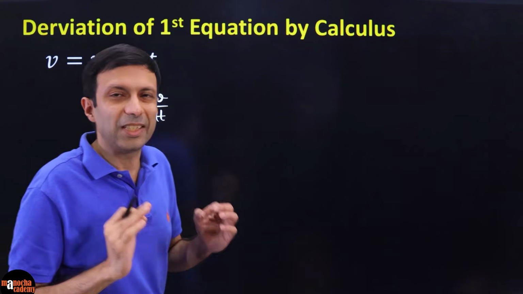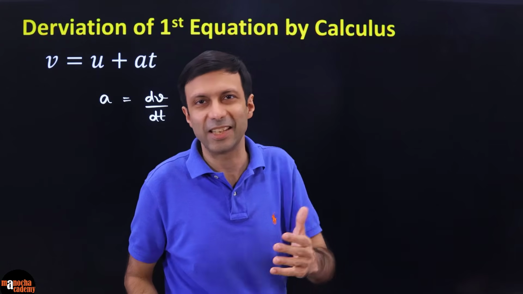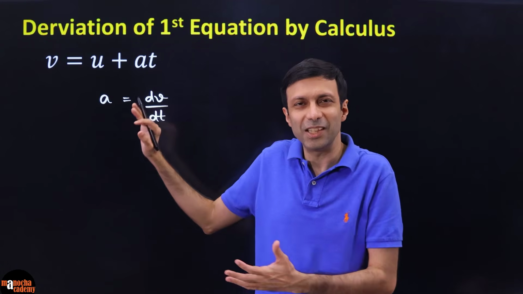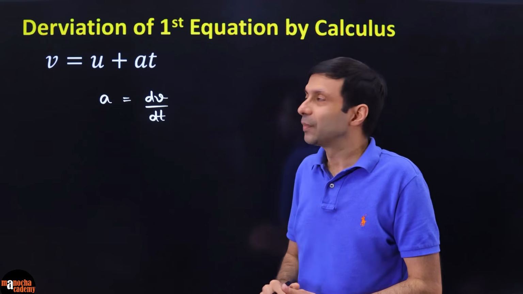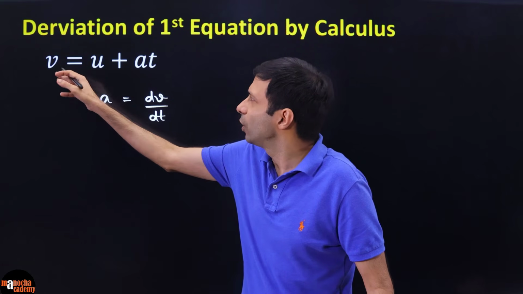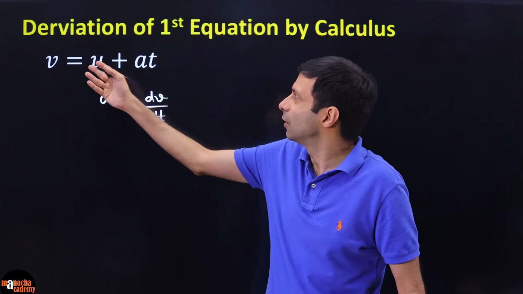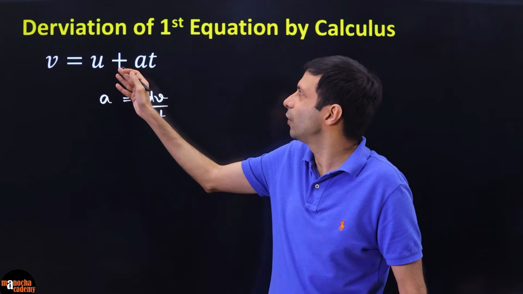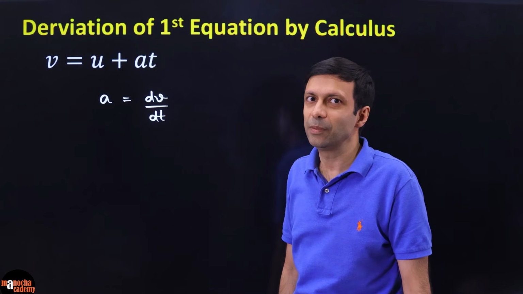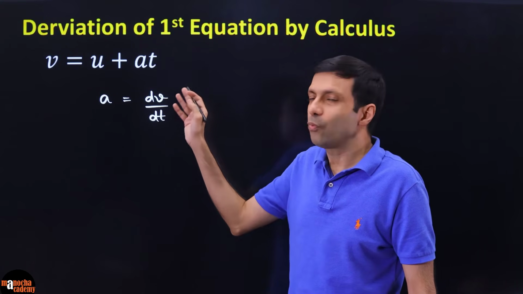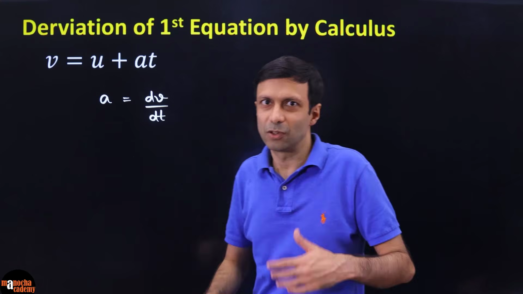The main trick about these derivations is knowing the starting step, where to start. After that you will see the flow is easy. So we know acceleration is dv/dt. Now the goal is to write the final velocity v as the initial velocity u plus at, right? We want to derive this equation. So clearly we want to find v in terms of a. So what do we do?